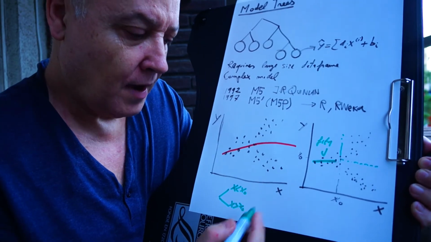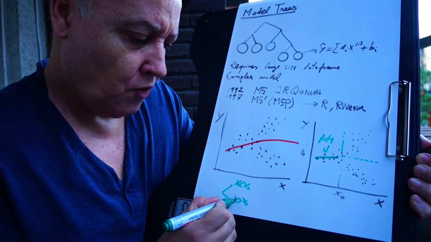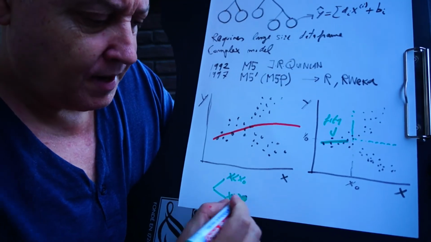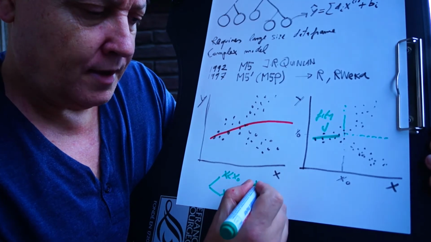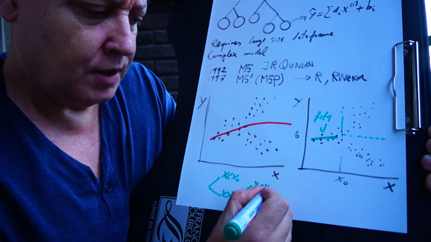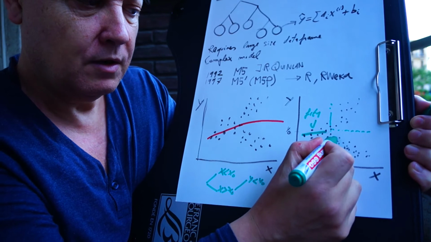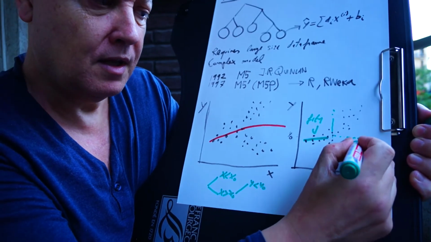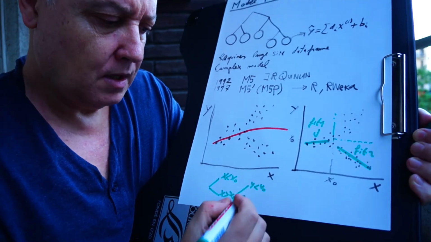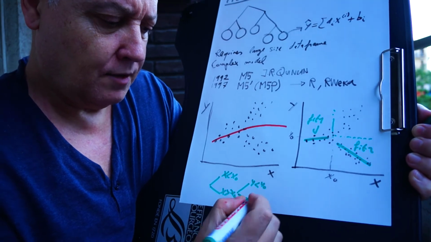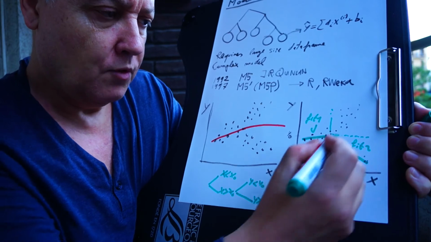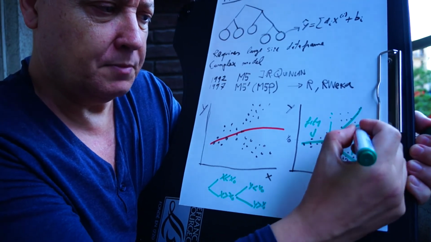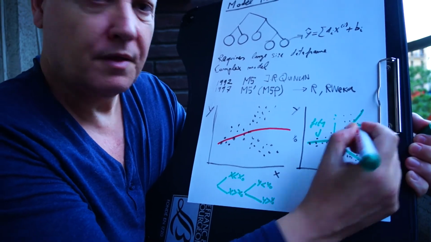So we are now at this part here, and then you look at y less than y0, you have this part where you can fit, call this fit 2, and then here you have y larger than y0, where you can fit this part like fit 3.